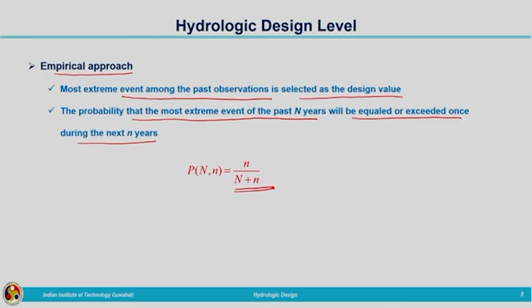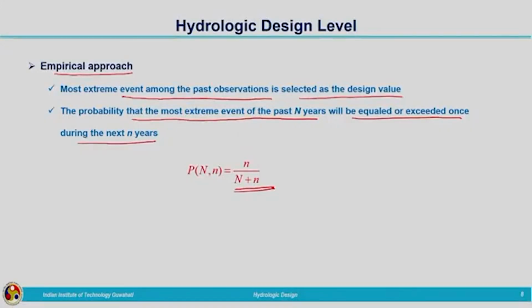Capital N is representing the length of the data series. If it is yearly data, N data points will be there. Depending on the data series which we have considered, depending on N years, the number of data will be different. So, capital N is representing the length or the number of years considered when we were analyzing the previous past data, and small n is the number of years which we are considering for the future.